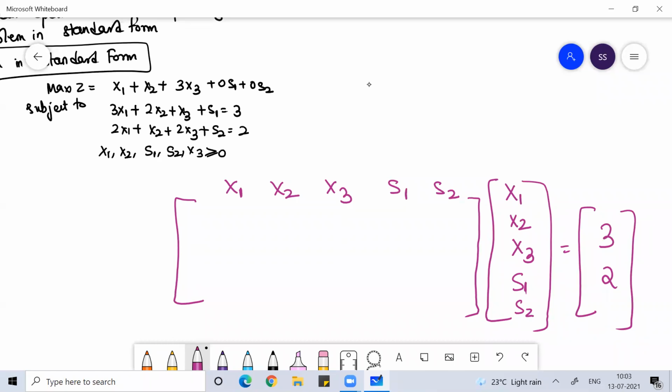Write down the coefficients: 3, 2, 1, 1, 0, then 2, 1, 2, 0, 1. This will be the standard form.